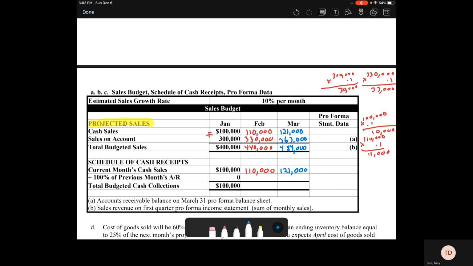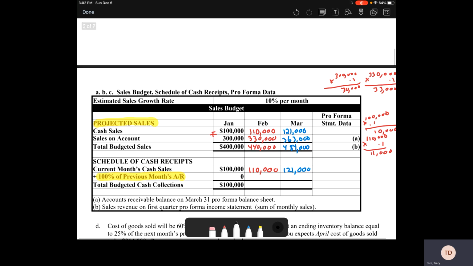Okay. Now we are collecting 100% of the previous month's accounts receivable. So in January, since we started, we had 0 accounts receivable in December because we started in January. So now in February, we are going to collect everything that we had on an account receivable in January. So that means we are going to collect that 300,000 from January in our accounts receivable.